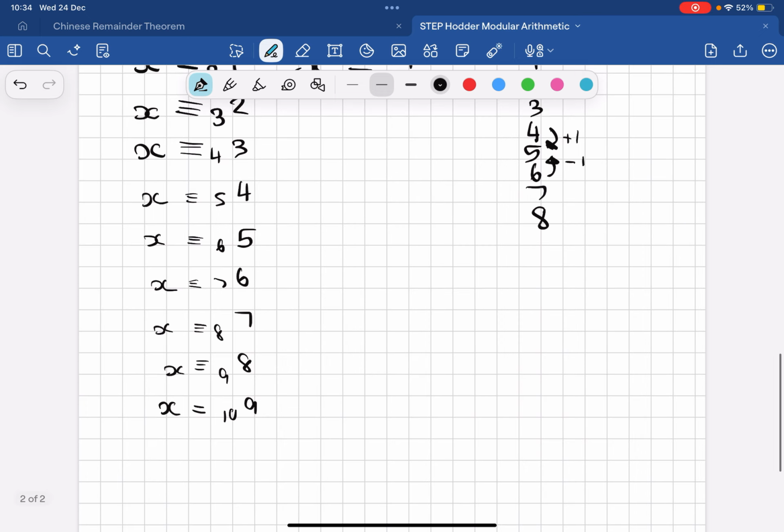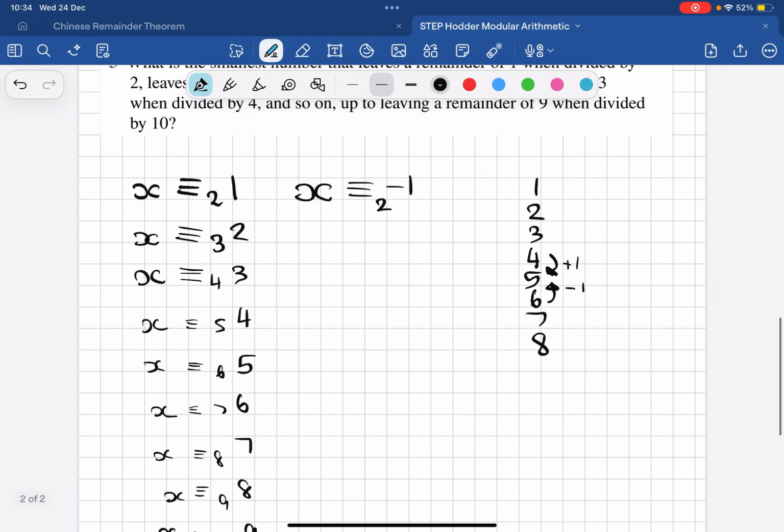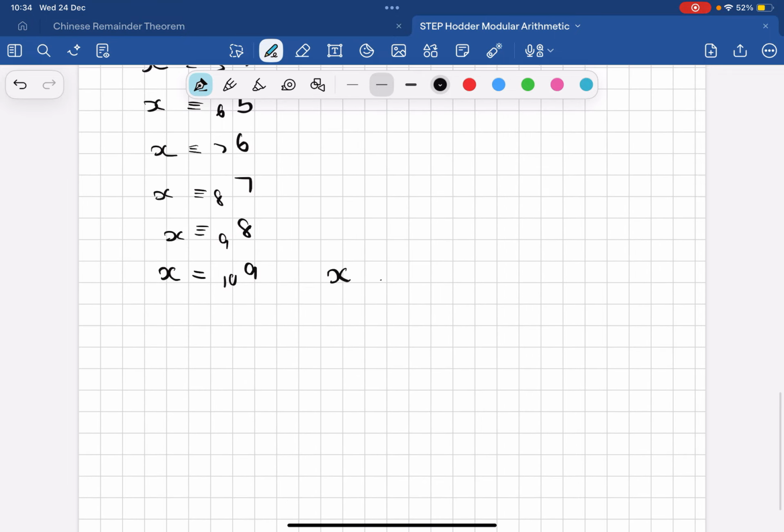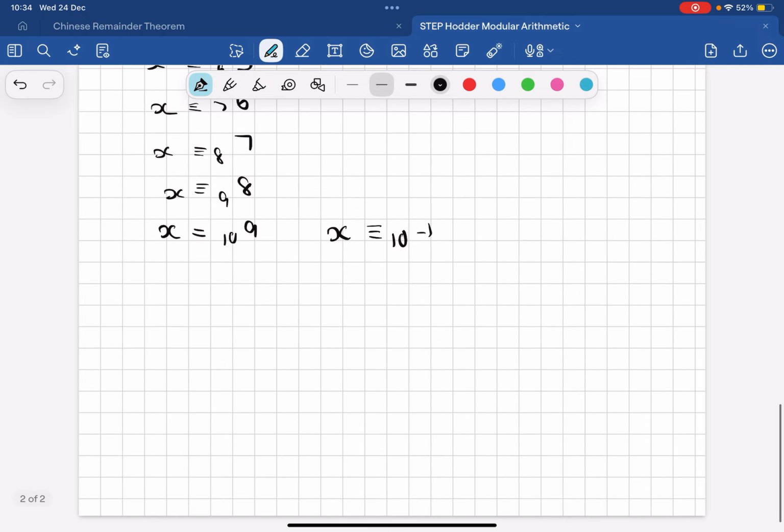And this applies for any of the other mods, so we can say x is congruent to minus 1 mod 3, and so on and so forth, up until x is congruent to minus 1 mod 10. So now we can create expressions. So x equals 2k minus 1, 3k minus 1, so on and so forth, up until 10k minus 1.